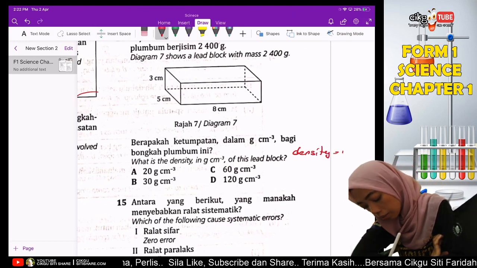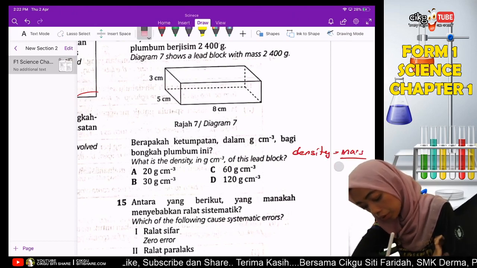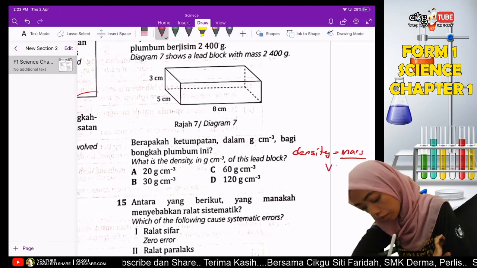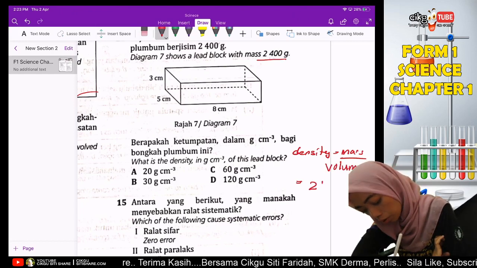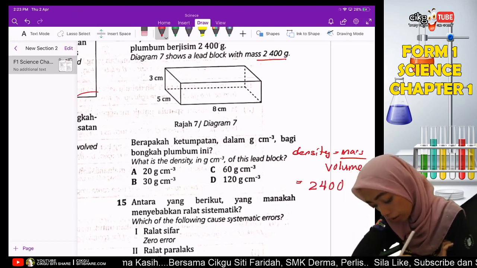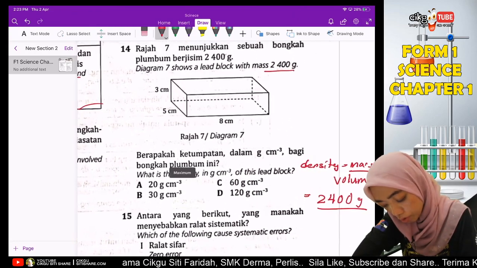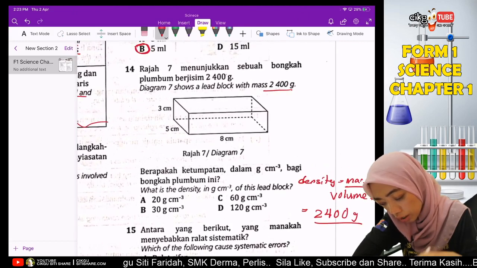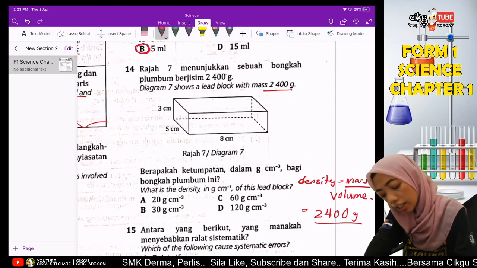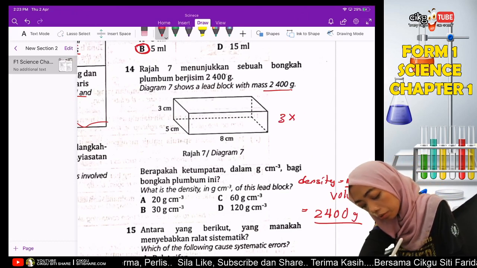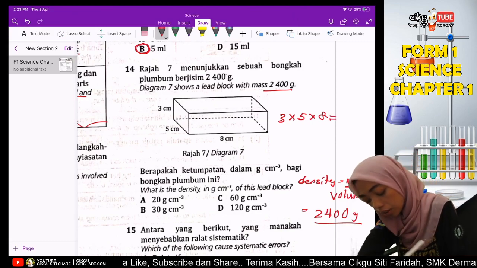Density is mass over volume. The mass given is 2,400 gram. Volume, where can we get the volume? Okay, volume we just use the formula: 3 times 5 times 8.